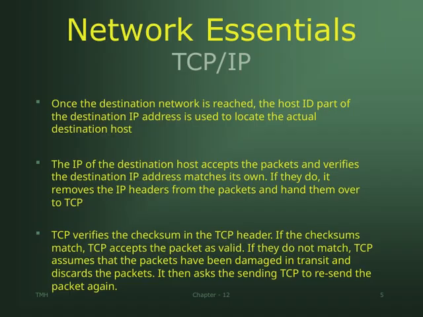In that case, TCP discards the corrupted packet and politely asks the sender to resend the data. This process is crucial because it ensures the reliability of the communication, which is at the heart of the overall network functionality we're discussing. It's all about making sure data gets from point A to point B accurately and securely.